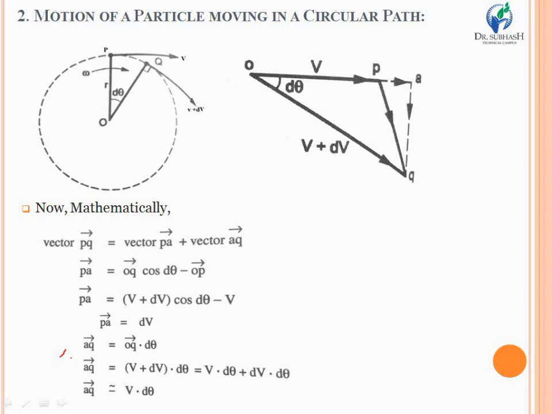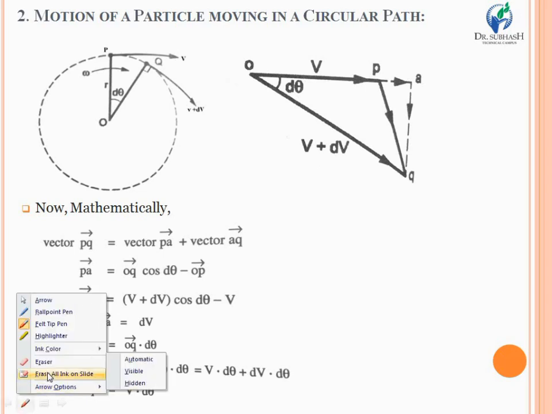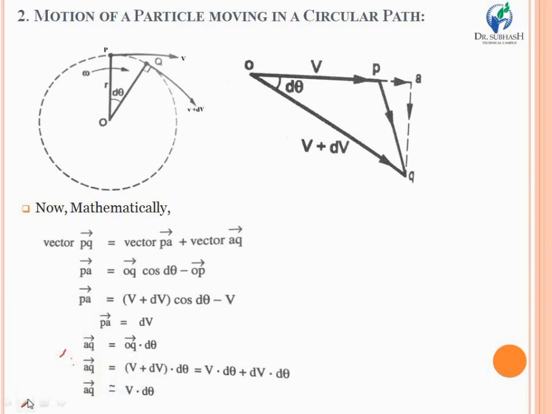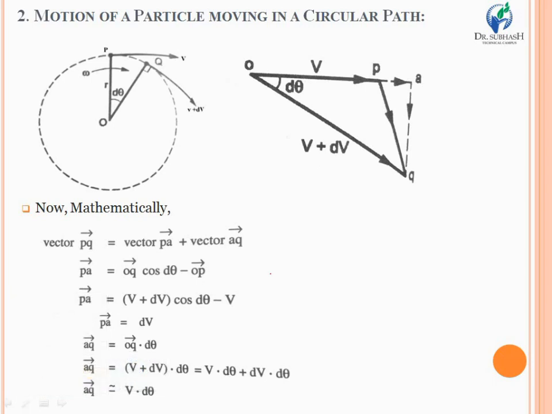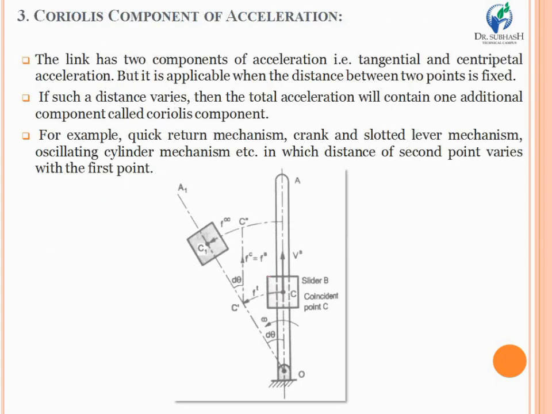One is perpendicular and one is parallel to that link OP that you have given. And by simplifying further, you will have the two components of acceleration. One is acting in the centripetal direction, and of course the other is the tangential acceleration. So this is the theory about motion of a particle which is moving in a circular path.